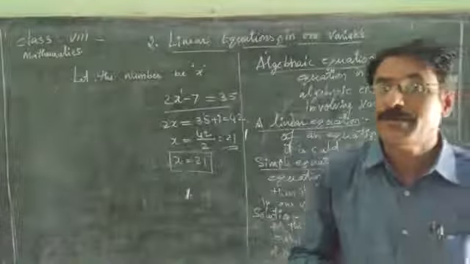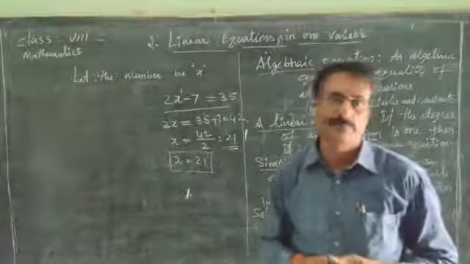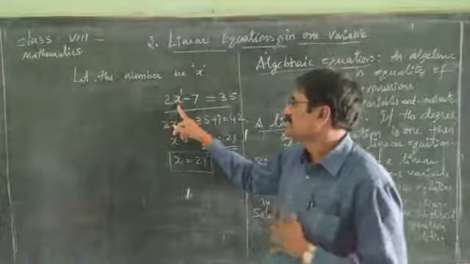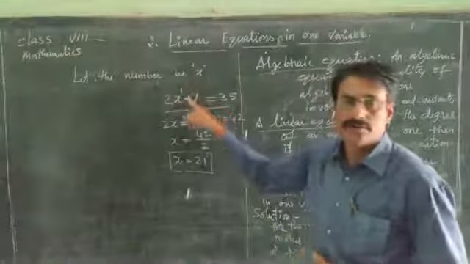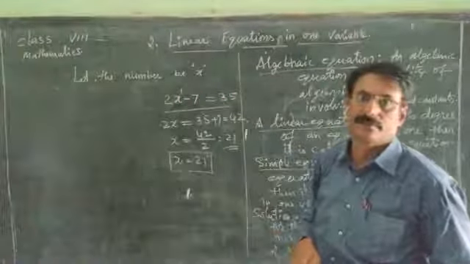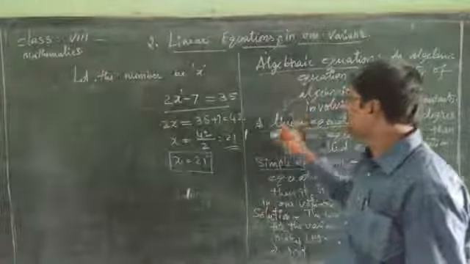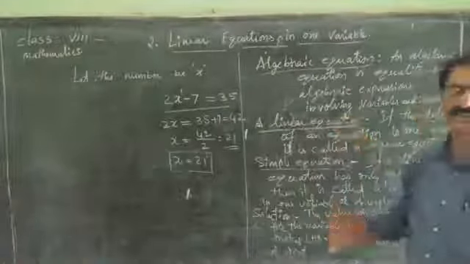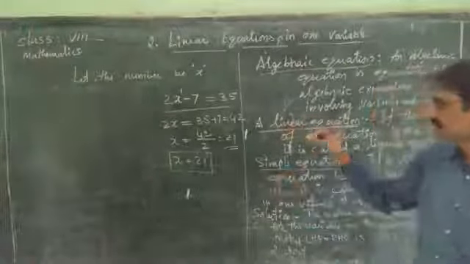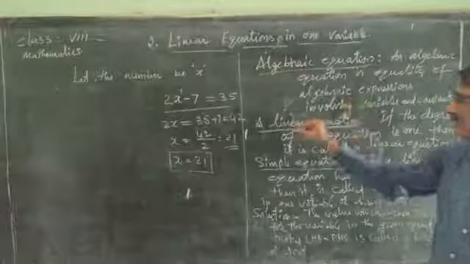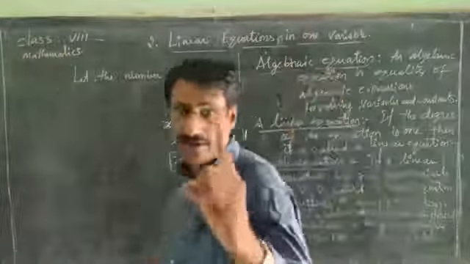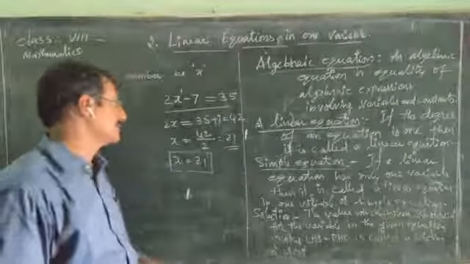The power of the variable is called the degree of that term. Here is only one term, the x term. The power of this x equal to 1. So it is a first degree equation. The first degree equations are called linear equations. You understand? The equations with degree 1 are called linear equations.